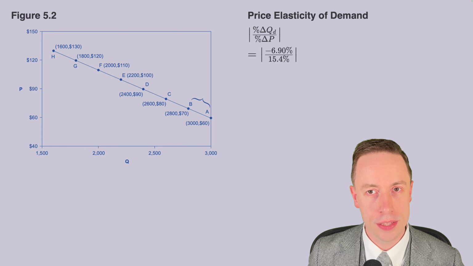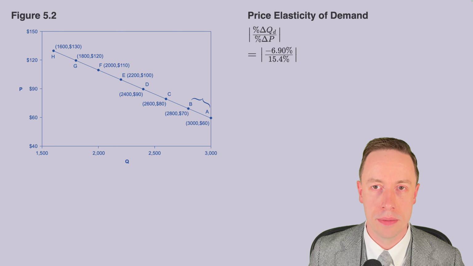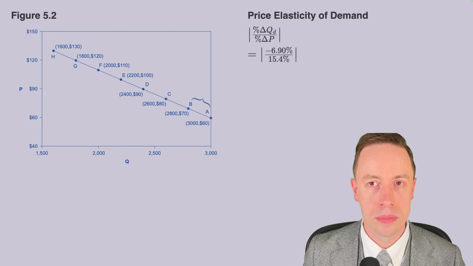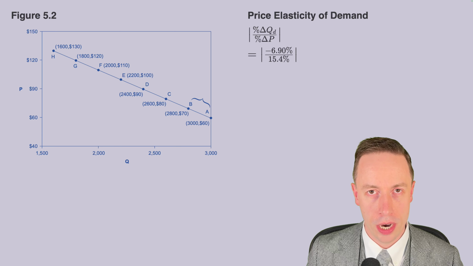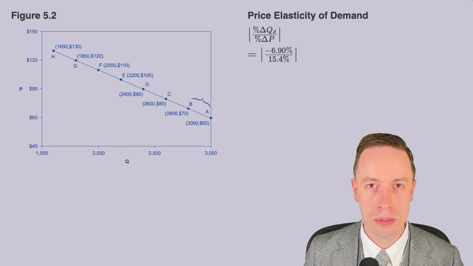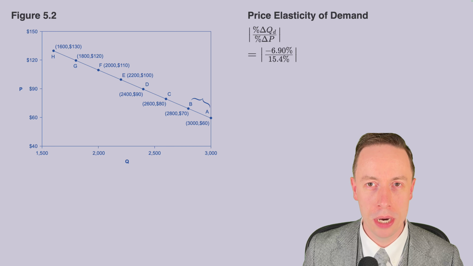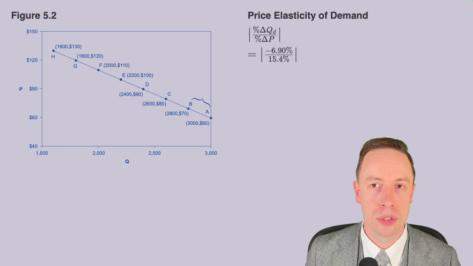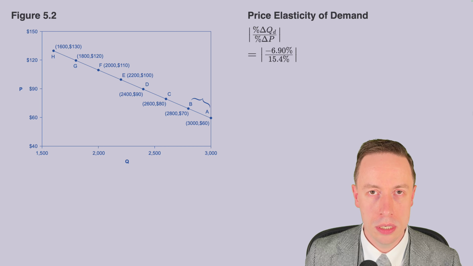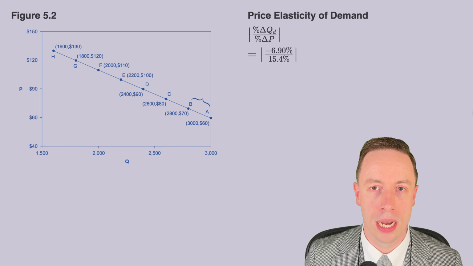And of course, now that we've got our two percentage changes, we're not done yet. We still have to calculate the actual elasticity. So we start with our percentage change in quantity demanded, 6.90%, divide by the percentage change in price, 15.4%, and then the result, typically, for a demand curve, would be a negative number, except we take the absolute value to cancel that right out. Once again, the units are gone, and those percentages are about to cancel as well.